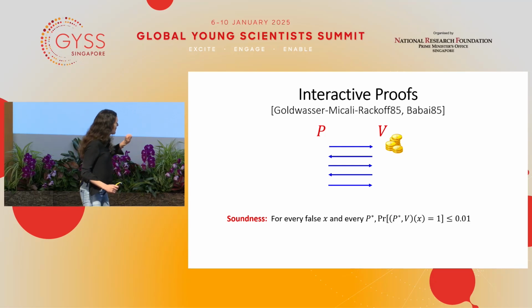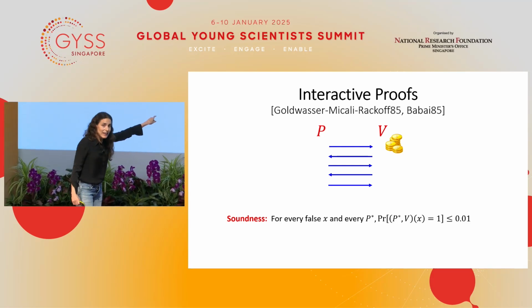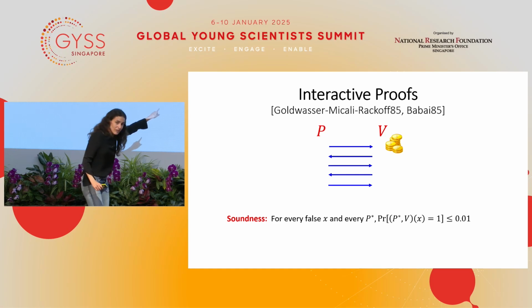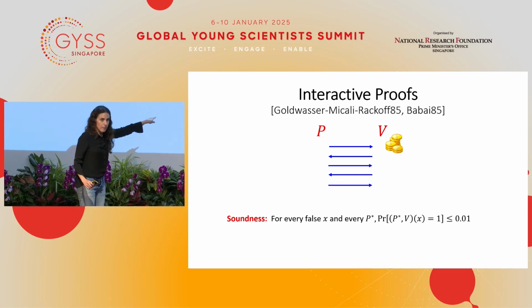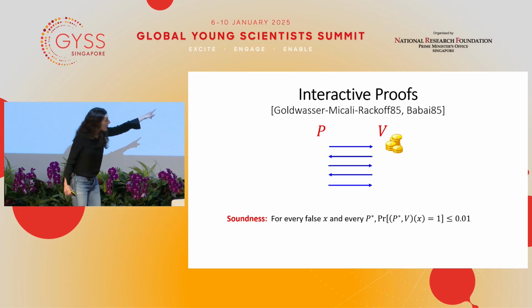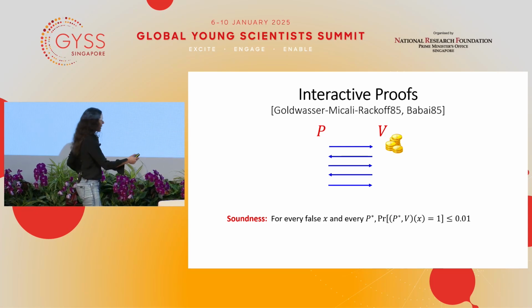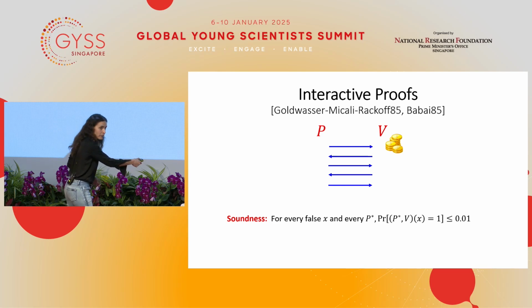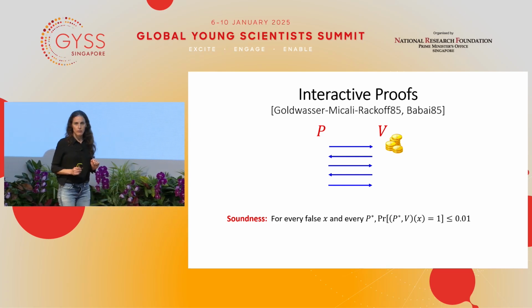Here, the guarantee is if the statement is false, you still may accept the proof, but with very small probability. So even if X is a false statement, for every cheating prover, P star, when he interacts with the verifier, the verifier may accept, output 1 meaning accept, but with very small probability.